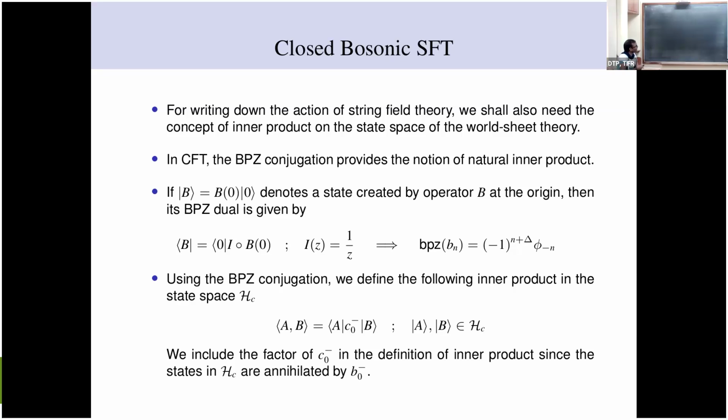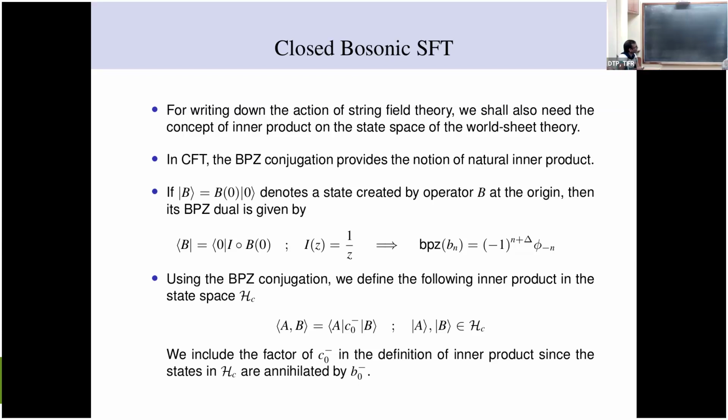So for example, if this |B>, which is obtained by acting with operator B(0) on the vacuum, denotes a state created by the operator B, then its BPZ dual is defined in this manner. So the bra <B| is defined by the bra vacuum acted on by I of B, where I denotes the inversion operator. So for example, if you are working with some modes, then the action of this BPZ conjugation is simply this.